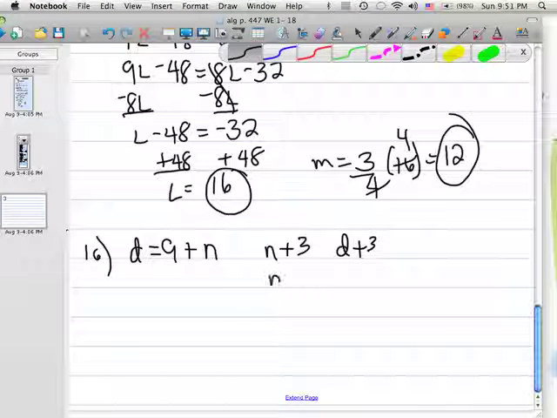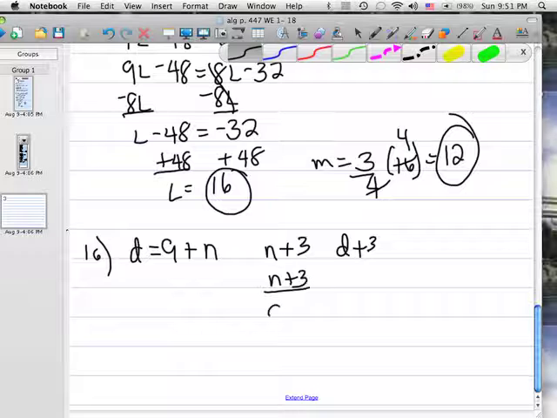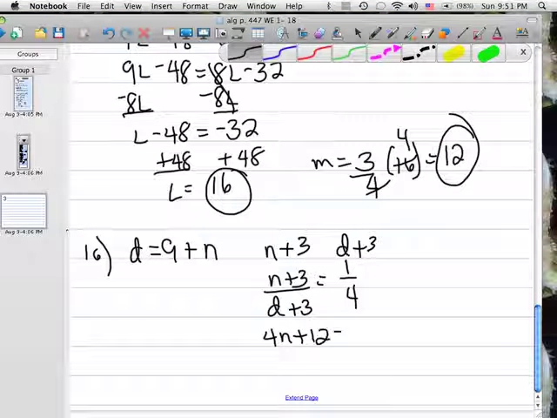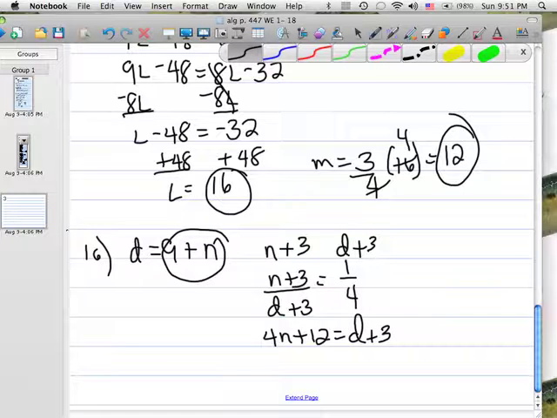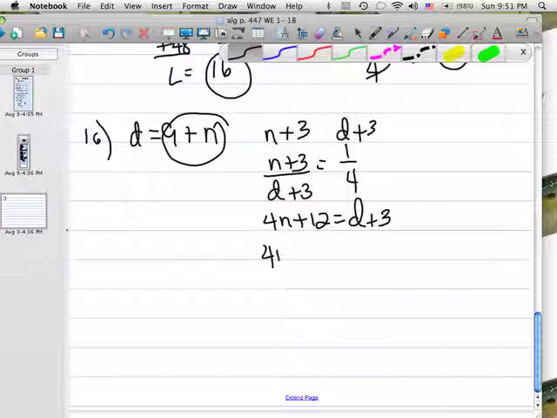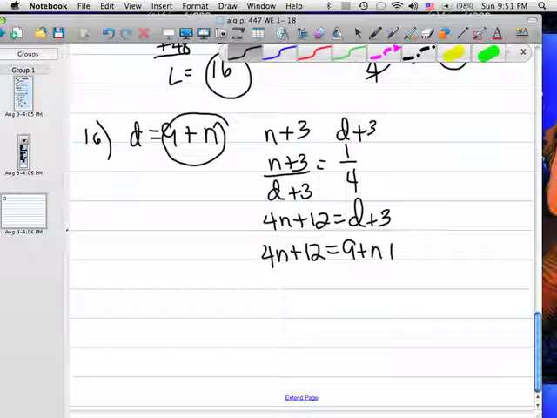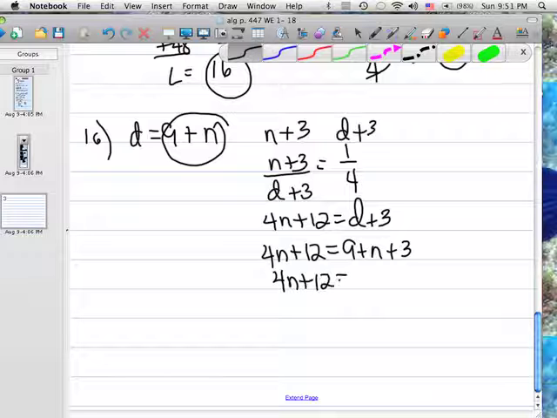So numerator plus 3 over the denominator plus 3 gives me 1/4. So I could use cross products here and get 4n plus 12 equals d plus 3. And then use substitution wherever I see a d. So I get 4n plus 12 equals 9 plus n plus 3. 4n plus 12 equals 12 plus n.